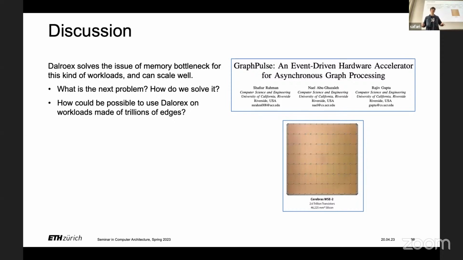This does have different processing units. It does use SRAM memory, and you can simply feed this chip the programming model of Dalorex, and it is going to produce the result. And this chip, I believe, does have 40 gigabytes of memory inside the chip. So it can be suited for this kind of workload.